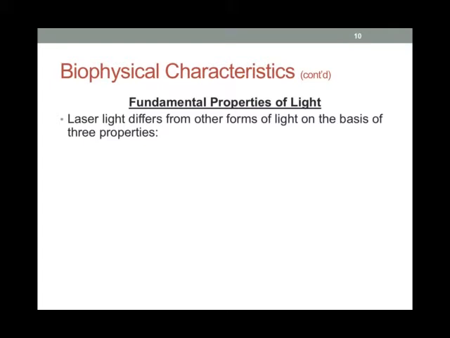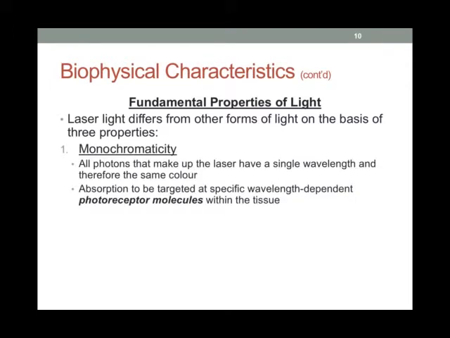So the fundamental properties of light that are important for therapeutic uses, there are three of them. Okay, the first one is monochromaticity. So monochromatic, what does that mean? It means that all the photons being emitted by the laser have one single wavelength, and that means that it's all the same color.